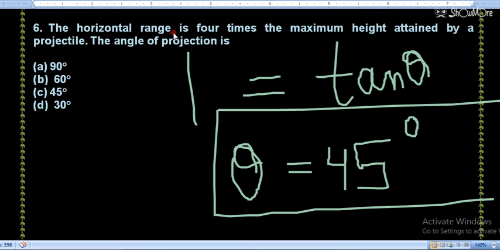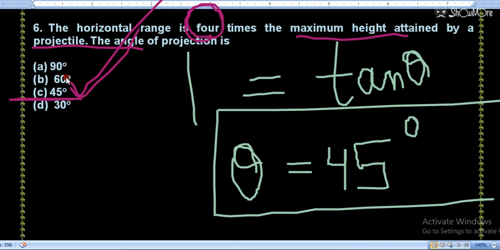You can note down this point also, that horizontal range is 4 times the maximum height in which case the maximum height will be obtained, in which case obviously 45 degree. So you can note down this key point. So answer for question number 6, I am repeating, will be option number C, 45 degree.